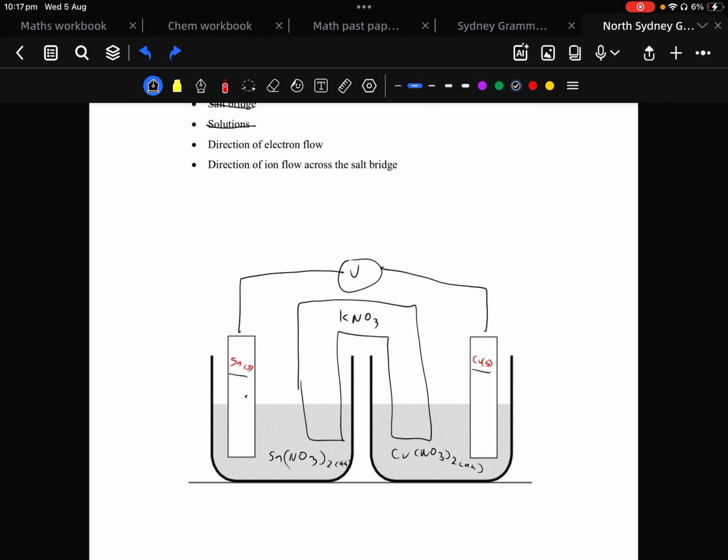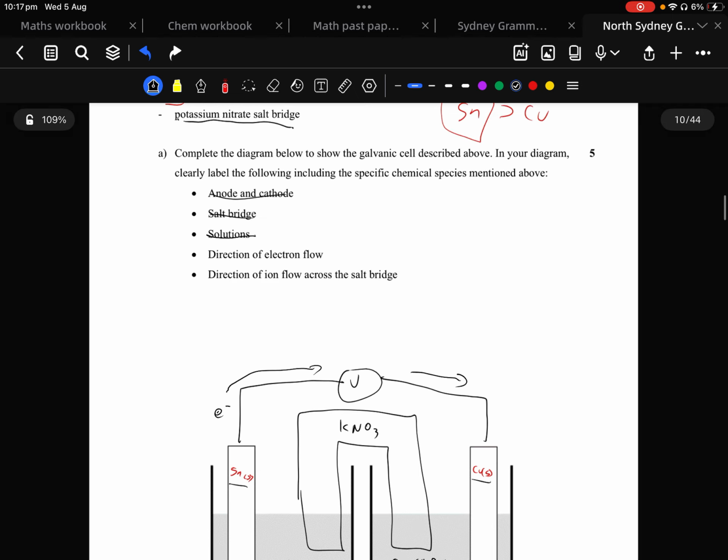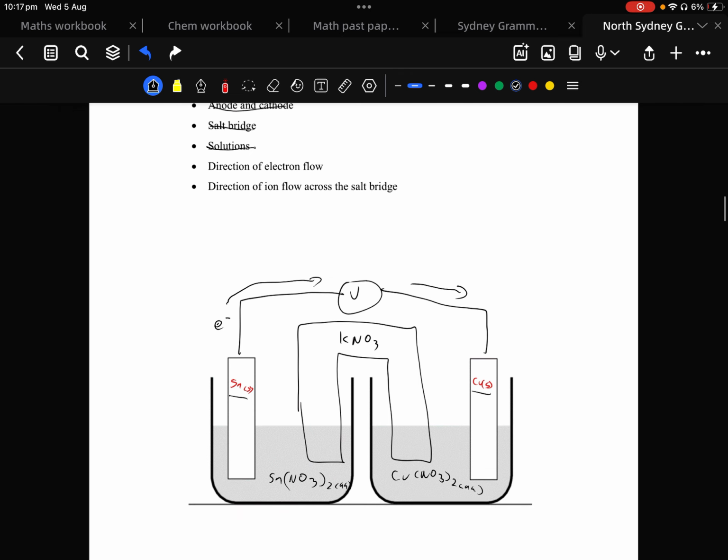In order to go into the solution, it must lose electrons, which means that electrons travel this way. And now we have to write the direction of ion flow across the salt bridge.